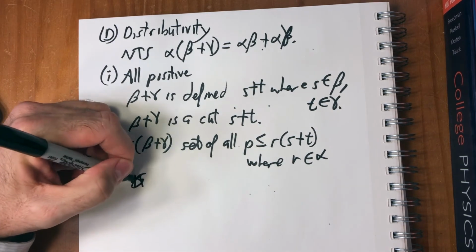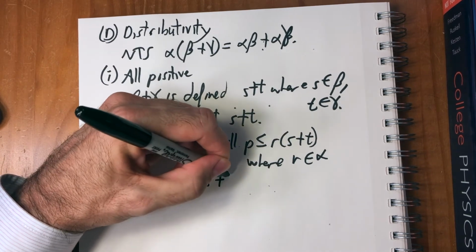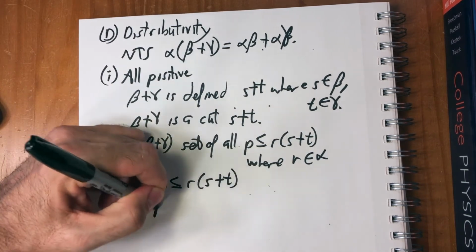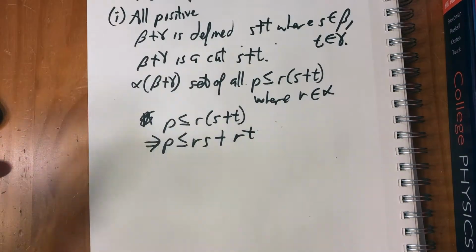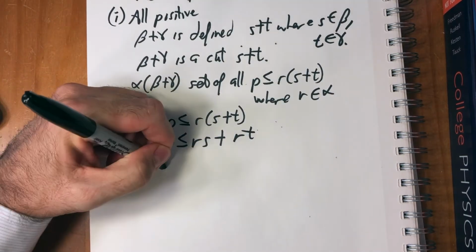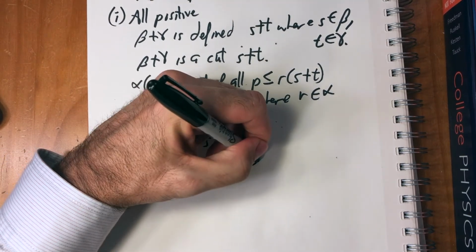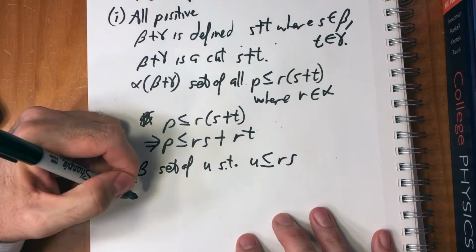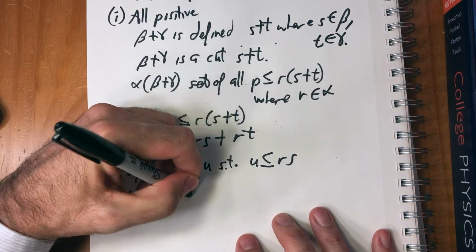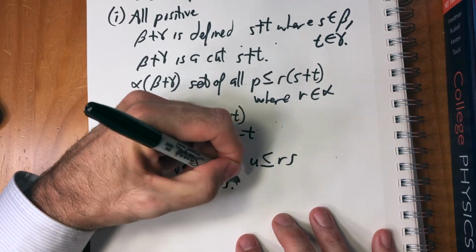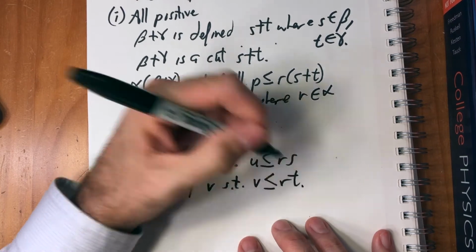So p less than or equal to r times s plus t implies that p is less than or equal to rs plus rt. So then alpha beta is the set of all u such that u is less than or equal to rs, and alpha gamma is the set of v such that v is less than or equal to rt.